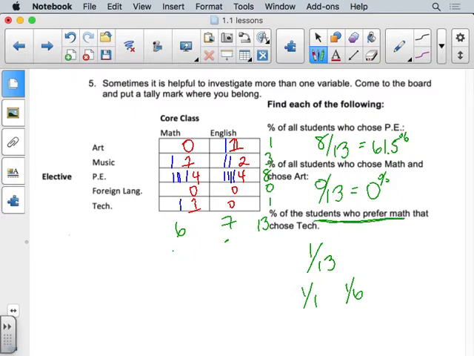So out of the people who chose math, that then chose tech. So which one of these three is it now? 1 out of 6. Okay. So of the percent of students who prefer math, so I only care about the math people, who chose tech, 1 out of 6. So I think that's like 16.6%. 6, probably 7, but yeah.